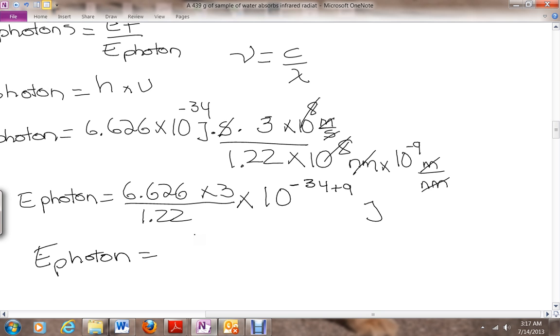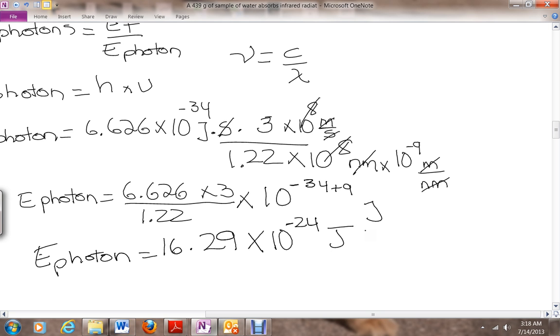And this is going to be 16.29 by 10 to the minus 24 joules.